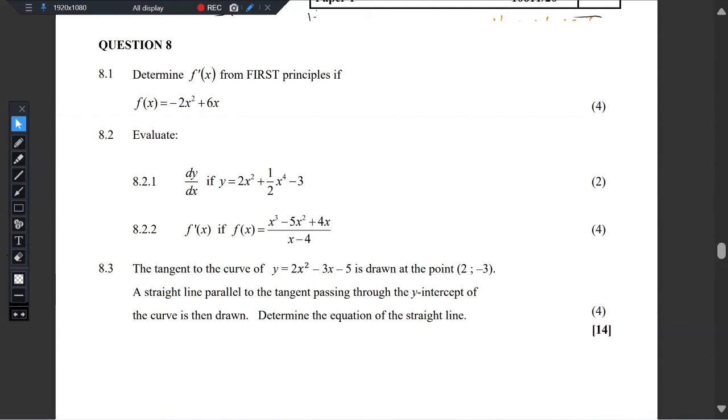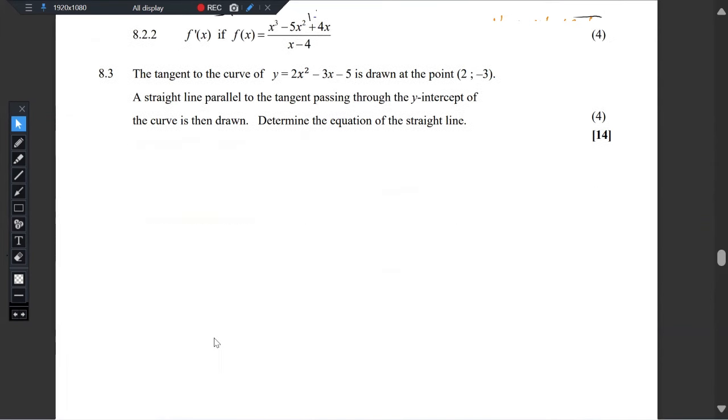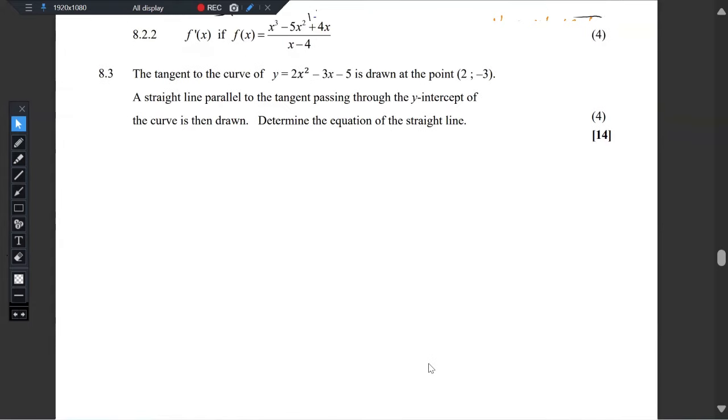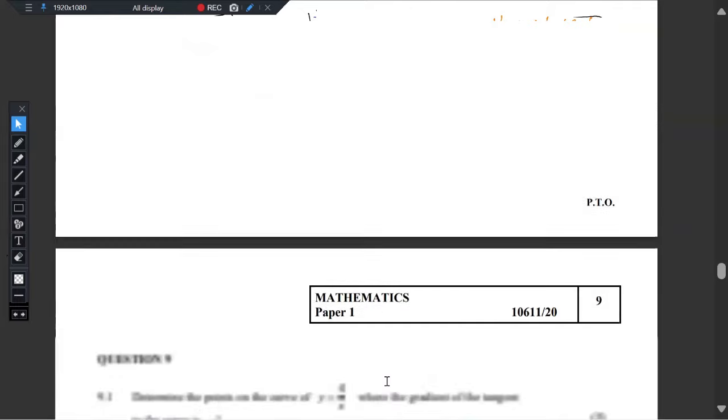So you get 105, you get something to 115, you are somewhere there, level 6. And then if you are aiming for a distinction in this paper, then you know that it's 120 plus, right? So get anything from 120 and above, and you walk out with your distinction. If you want 100%, go for it, right?